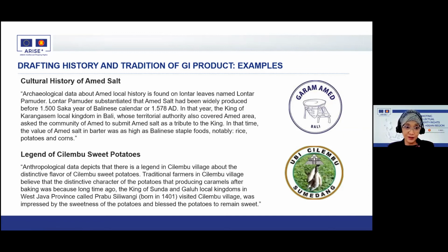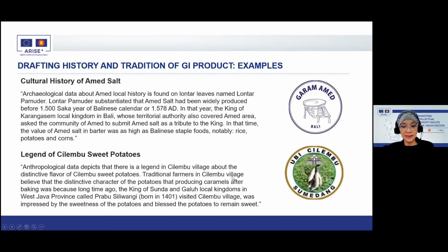Not a wishful thinking story, but archaeological data. Now, this is the example of legend. Legend of Chilambo sweet potatoes, protected GI in West Java, Indonesia. Anthropological data depicts that there is a legend in Chilambo village about the distinctive flavor of Chilambo sweet potatoes.